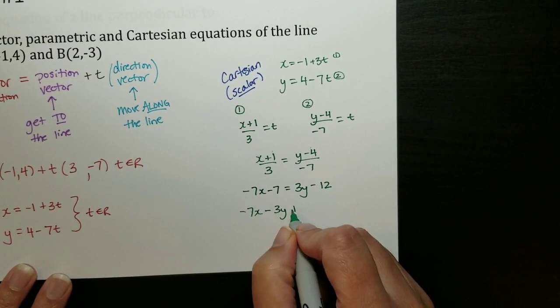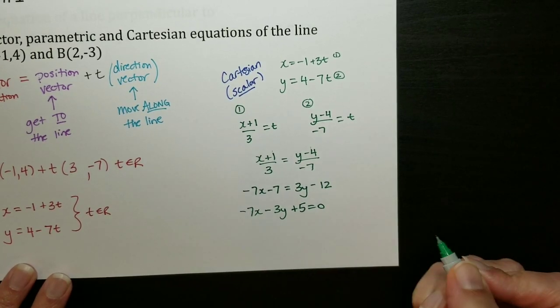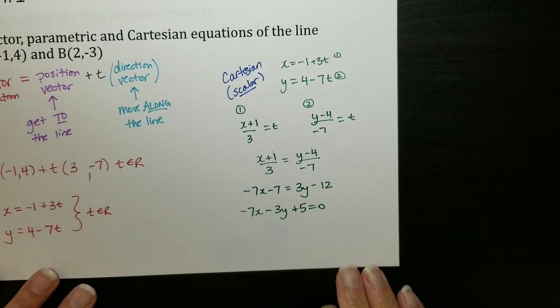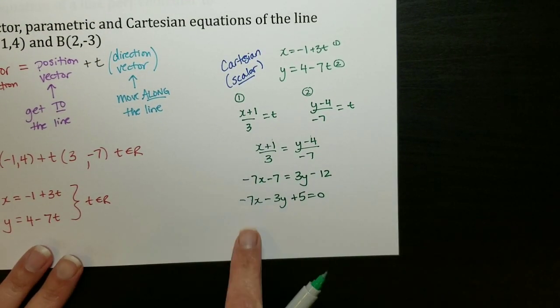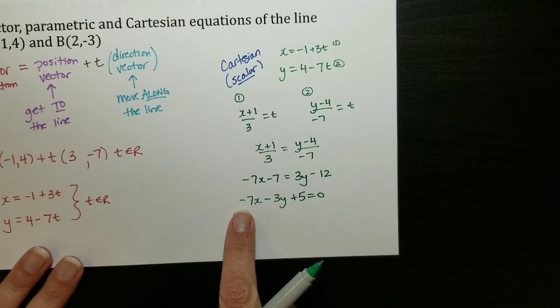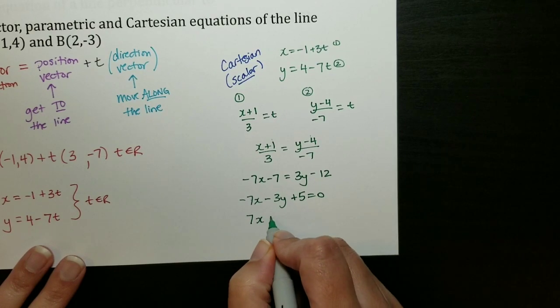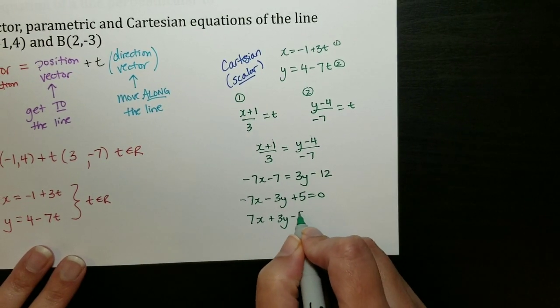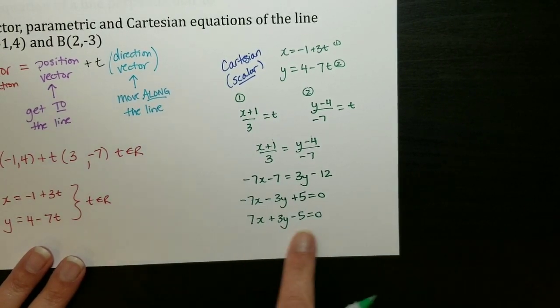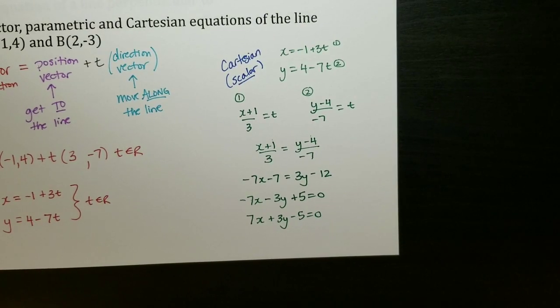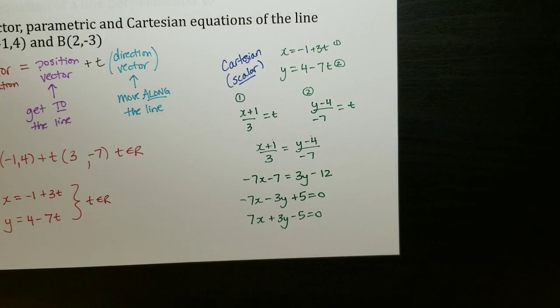So I get plus 5 equals 0. And just to remind you, you probably saw this in grade 9, we always want to make sure that the first term is positive. So I'm just going to rewrite that as 7x plus 3y minus 5 equals 0. This way we get a unique form that everybody coming up with the Cartesian equation would have the exact same thing.